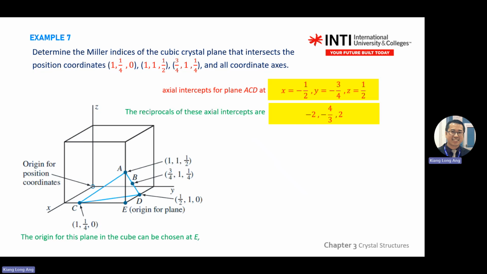Okay, so this plane ACD will intercept at the axes.